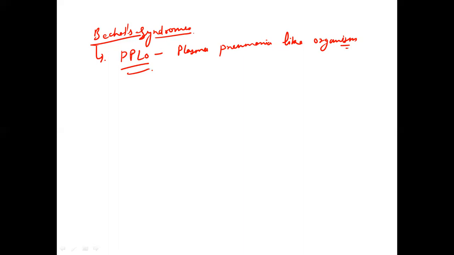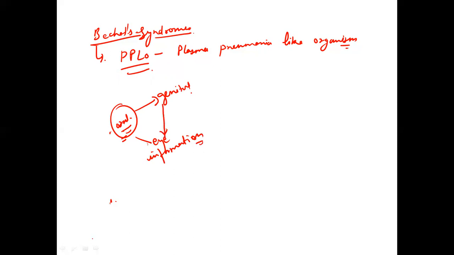So we'll remember some important things only. In this case, oral ulcers are definitely present. Along with the oral ulcers, there may be genital ulcers or eye inflammation. Out of these two, only one is present with the oral ulcers, right?